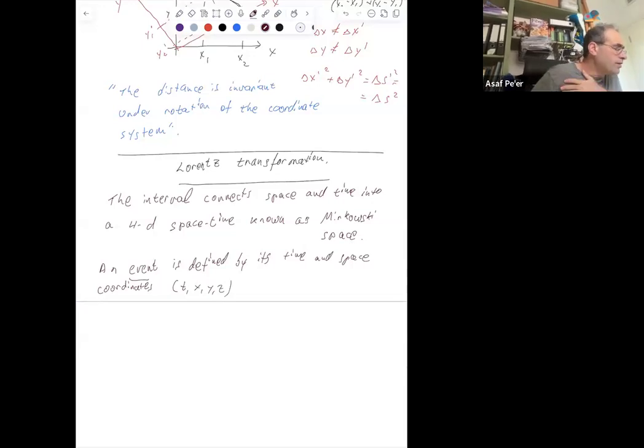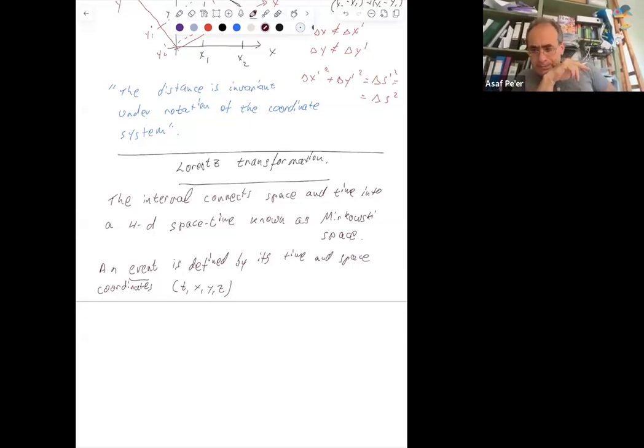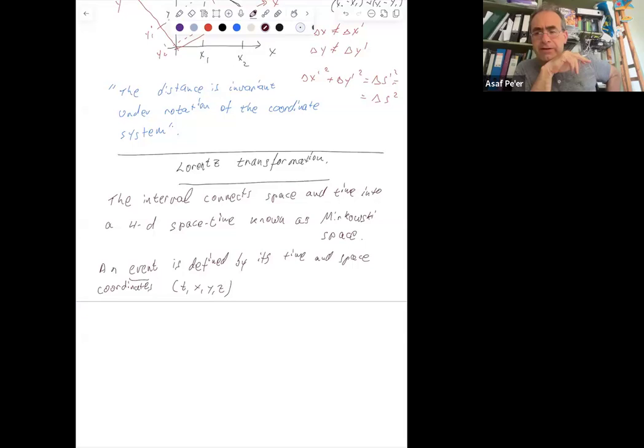So there are a total of 4 quantities required to completely specify an event.